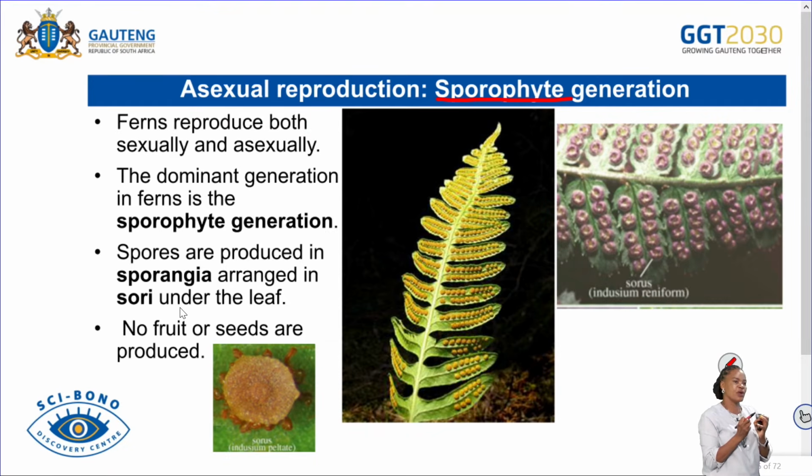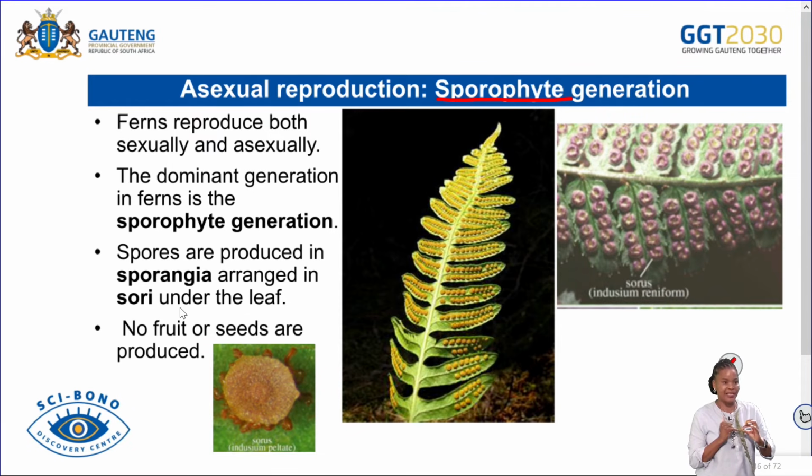We said that the sporophyte generation is the dominant generation of our fern plant. On the sporophyte generation, that's when our spores are produced. Where are they produced? The spores are produced from the sporangia.